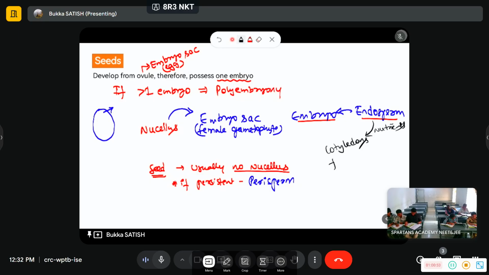Therefore, cotyledons will become fleshy and they will provide nutrition to the embryo. So either endosperm directly or through cotyledons, it will provide nutrition to the embryo.